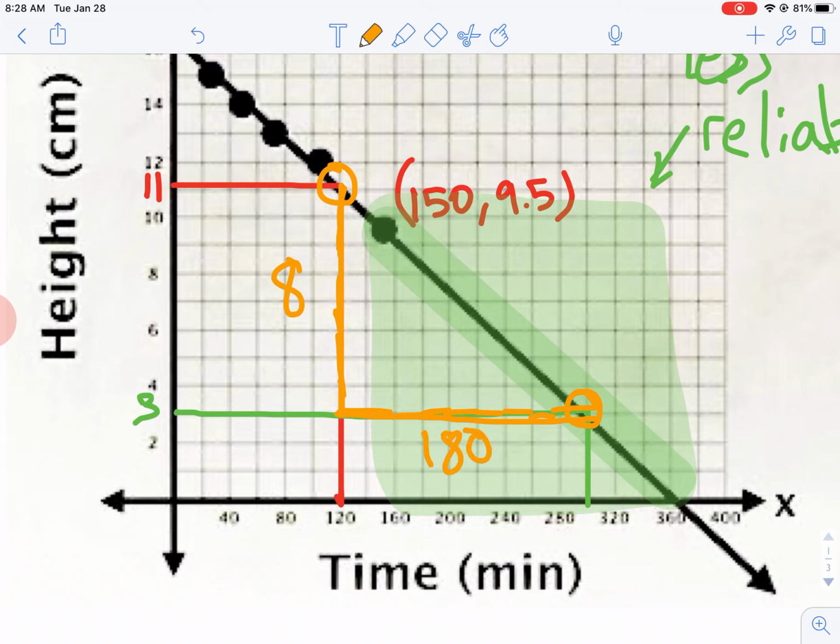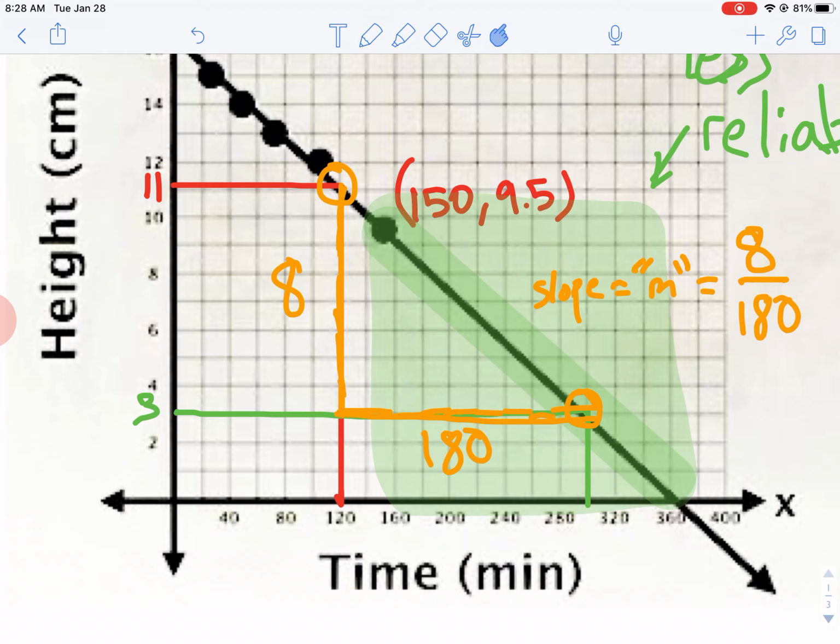That means that the slope, the rise over run, which is the same as m, is going to equal 8 over 180.